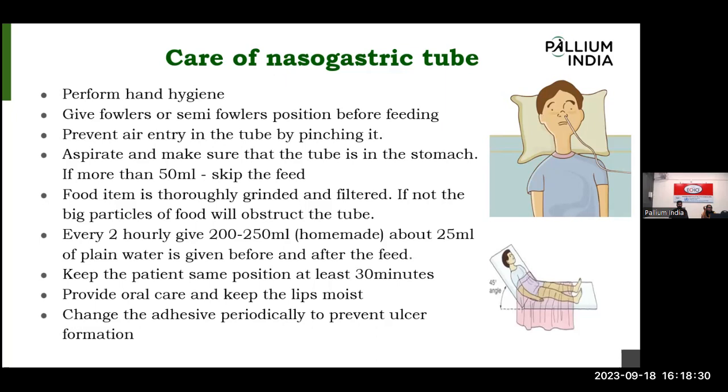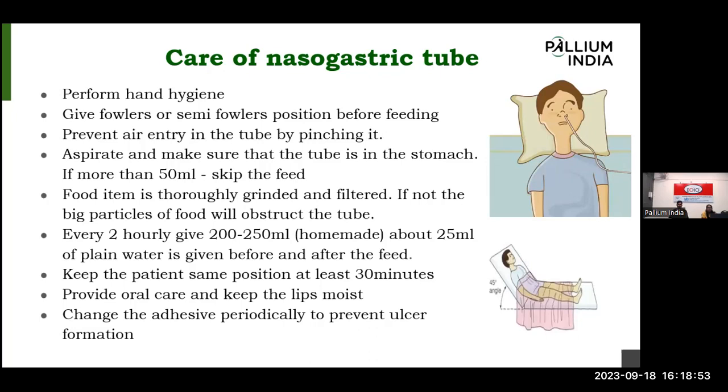And before giving food, you have to aspirate the gastric contents and find out whether the tube is inside the stomach or not. Before feeding, you have to grind the food items well and filter them, otherwise it will cause blockage.